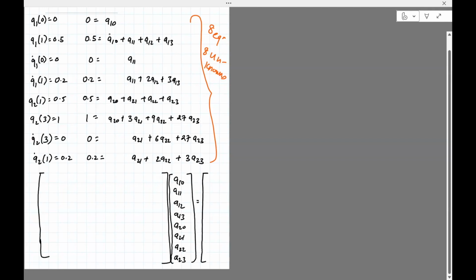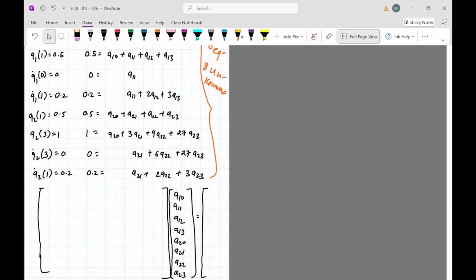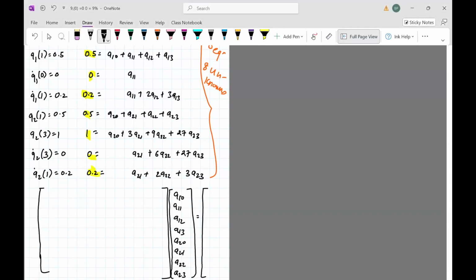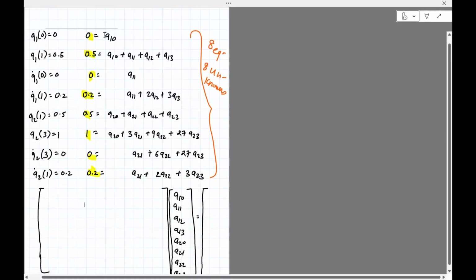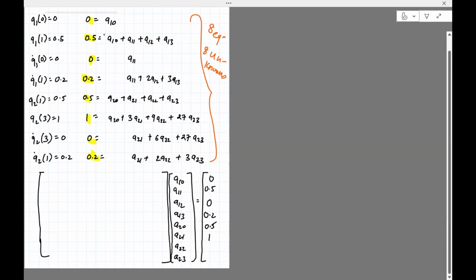Over here, I would put everything on the right hand side, and on the left hand side here all this would be on the right. So 0, 0, 0.5, 0, 0, 0.2, 0, 0.5, 1, 0, 0, 0.2.